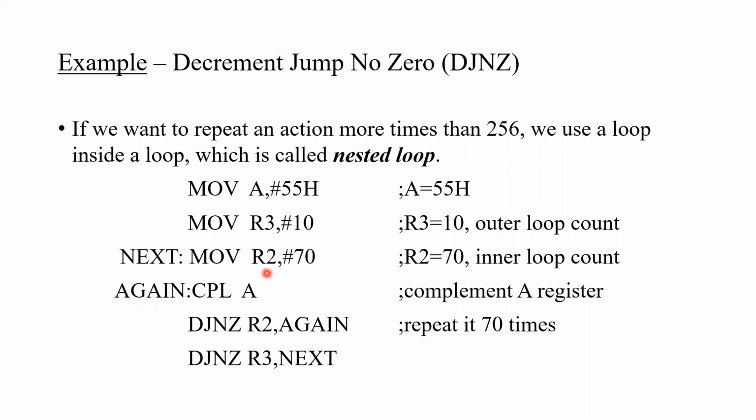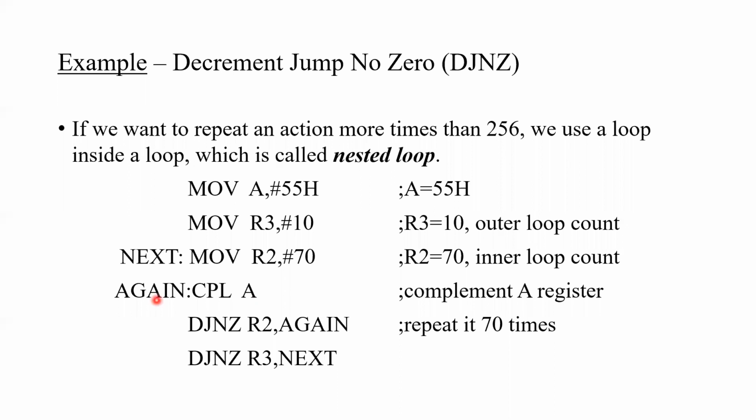Since 69 is not equal to 0, you go again and complement the contents of the accumulator. Again decrement jump if not zero R2. R2 was 69, decremented by 1 it will be 68, and 68 is not equal to 0. Again go here, continue the loop and execute the same set of instructions.